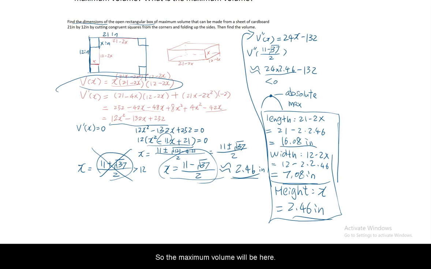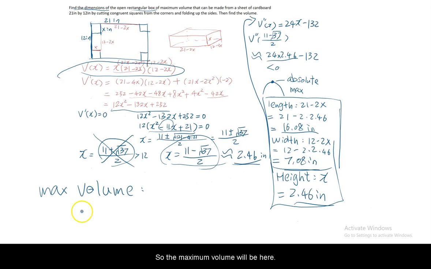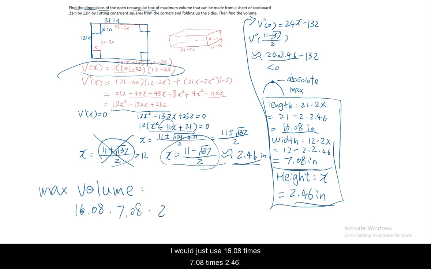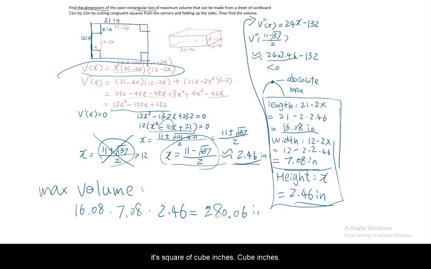So the maximum volume will be, here I would just use 16.08 times 7.08 times 2.46. That will give me 280.06. And the unit, since it's volume, it's cubic inches, right? Cubic inches.